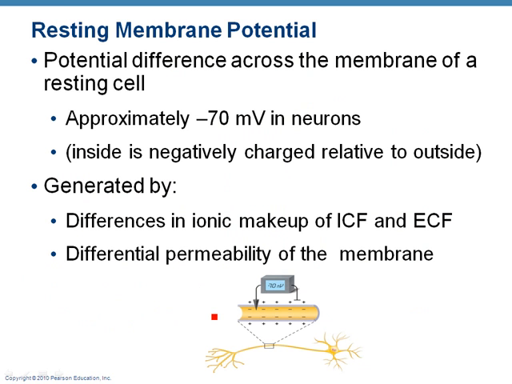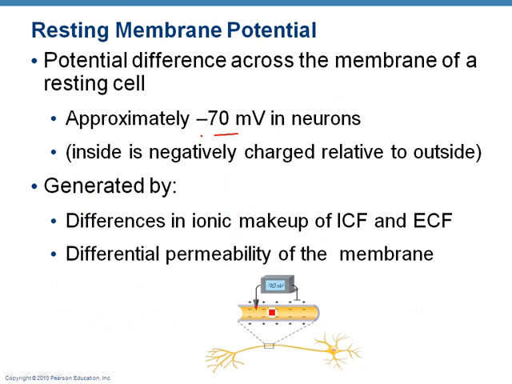Okay, remember, the first thing we have to do is establish that resting membrane potential. We've got to get that battery started. You can do this by taking a voltmeter and sticking the little probe inside the cell to measure the voltage. Resting membrane potential on neurons is about minus 70 millivolts. That means it's negative on the inside of the cell relative to the outside. The inside is more negative.